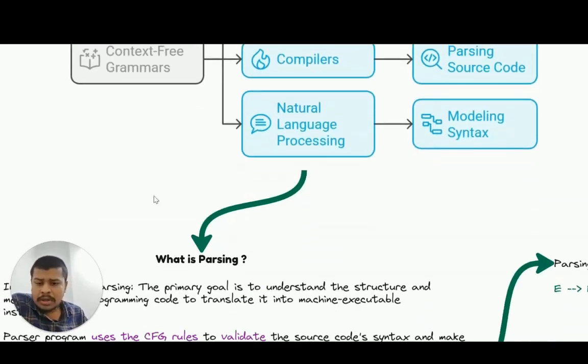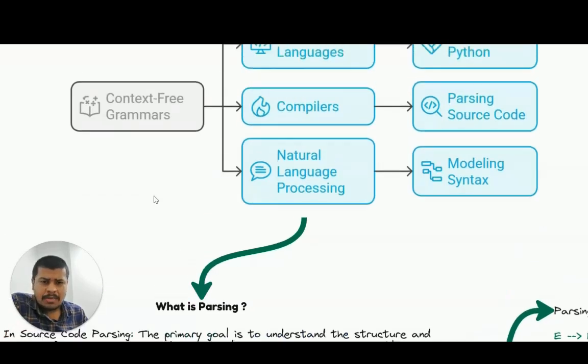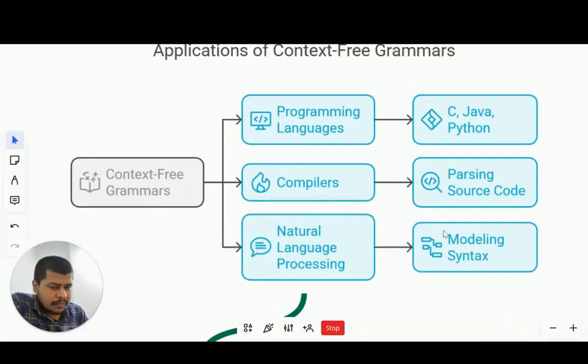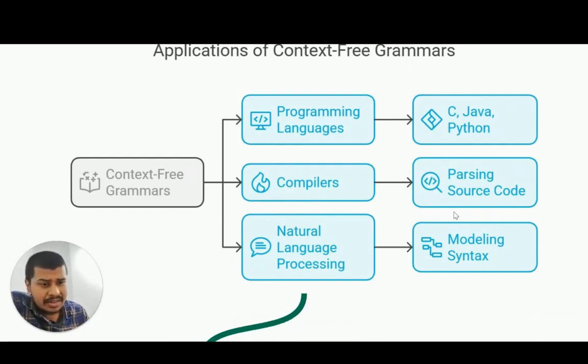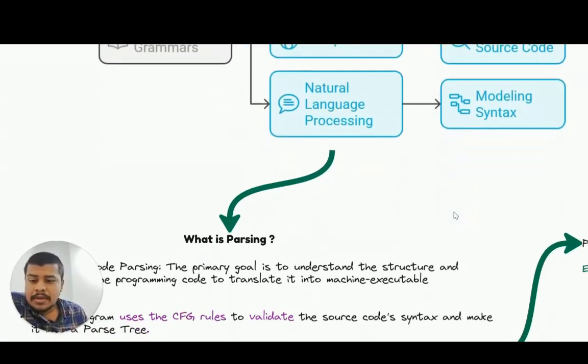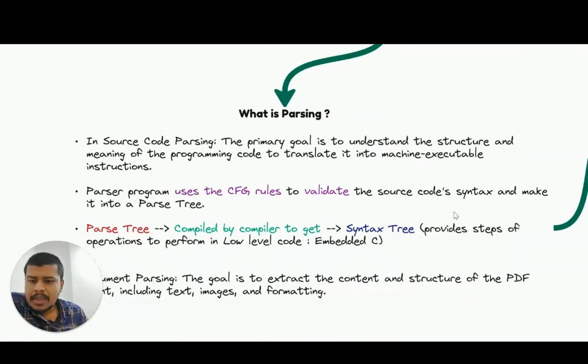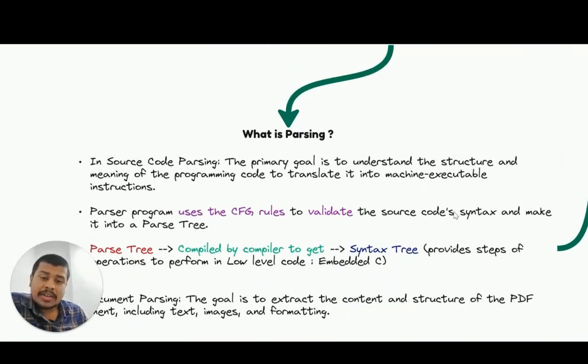Now we'll proceed on to what this parsing is. We saw one of the applications of context-free grammar as parsing source code, right? But then we don't know what parsing is. That is where we'll understand this jargon. Fine. So there are two types of parsing.